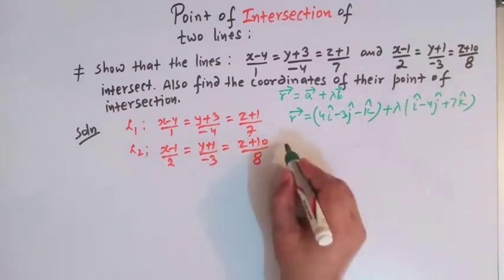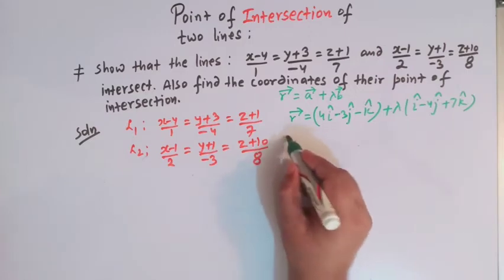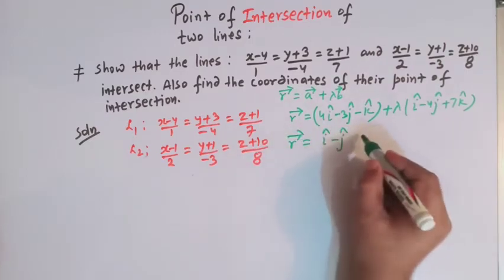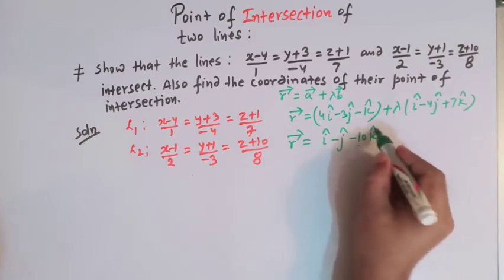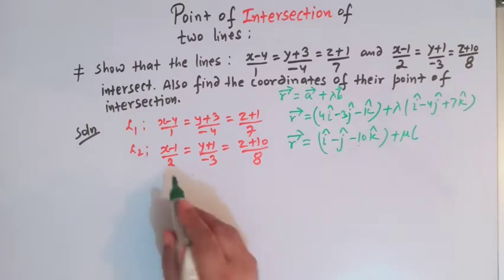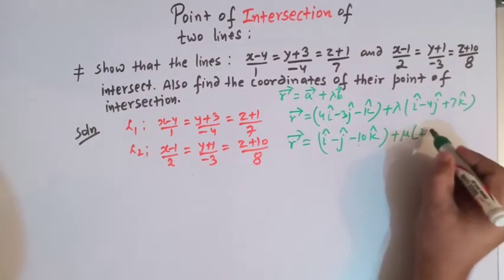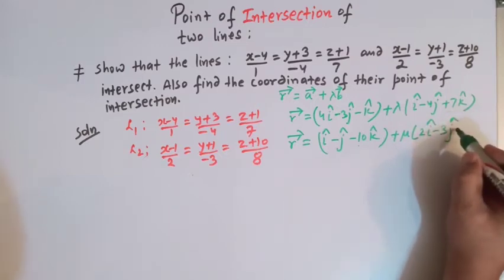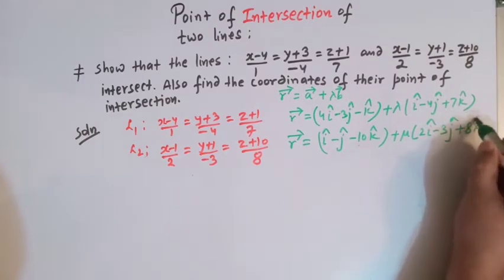Similarly, the vector equation of the second line is i cap minus j cap minus 10k cap plus mu times (2i cap minus 3j cap plus 8k cap), right?